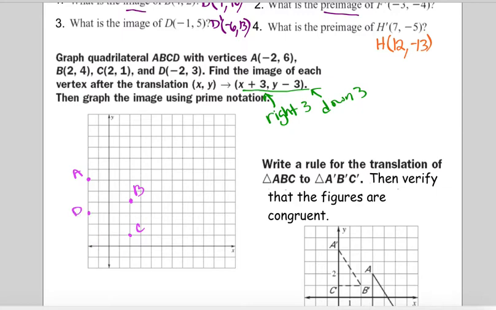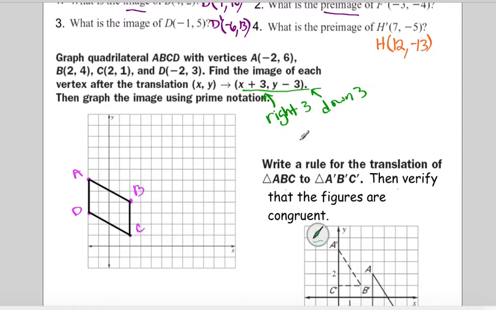So there's A, B, C, D. So here's the original. You'll usually see the original a lot of the time is solid, and then the new one ends up being dotted. It's not always the case, but sometimes it's kind of common.